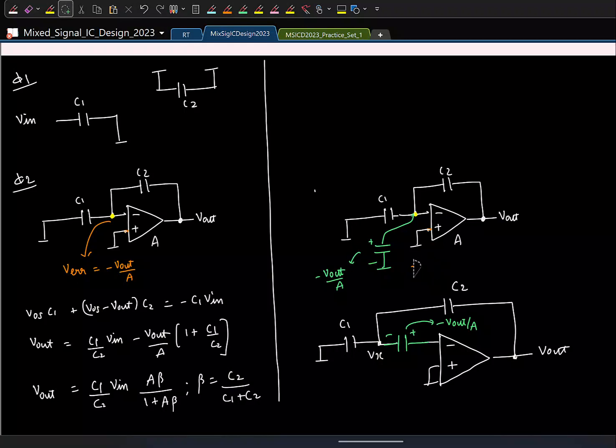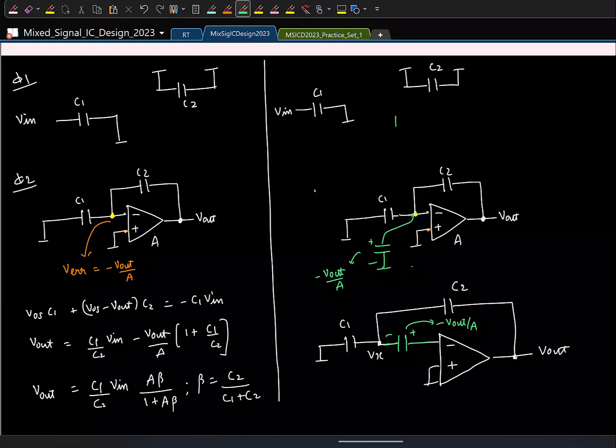Okay. Is that clear? But remember that before doing this, I also have to charge the input capacitor to V in. C2 must be reset. So I also have to do this. And even the capacitor on which we are storing this error, that can be reset, right?